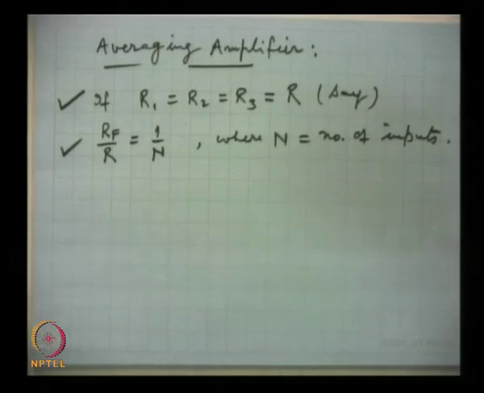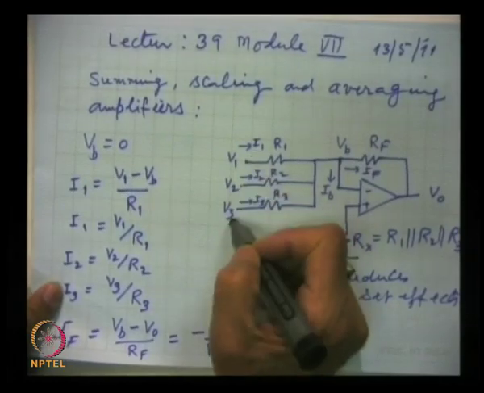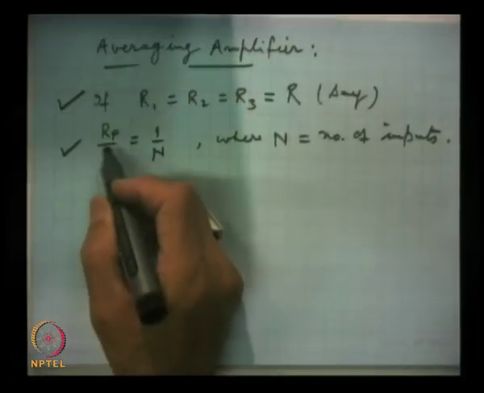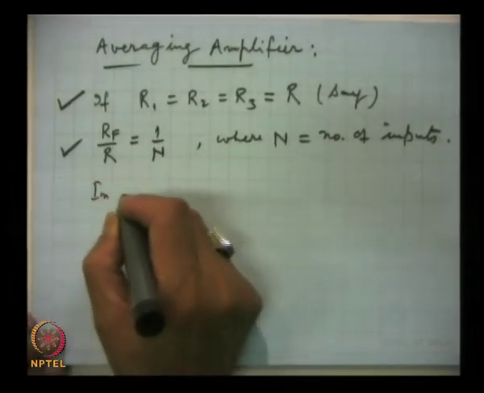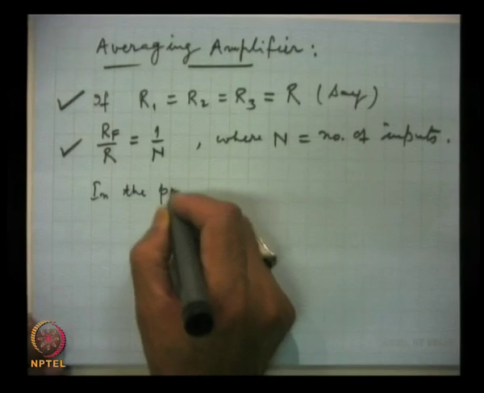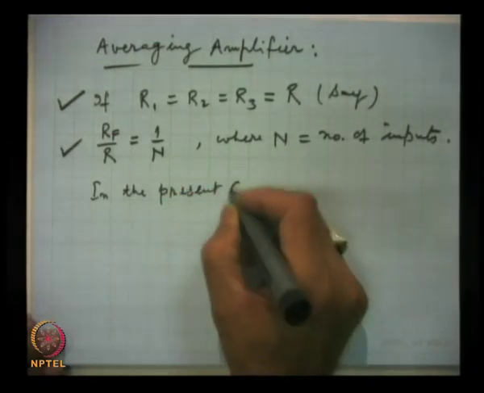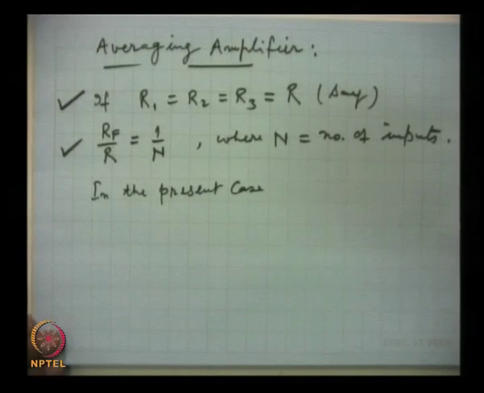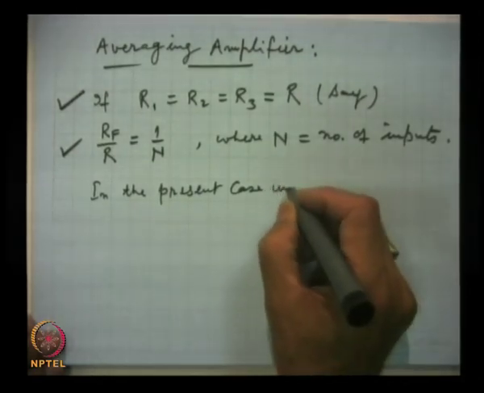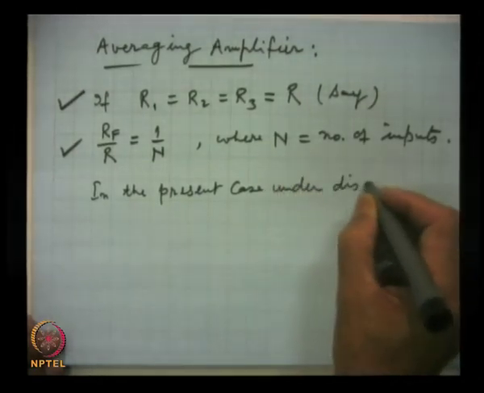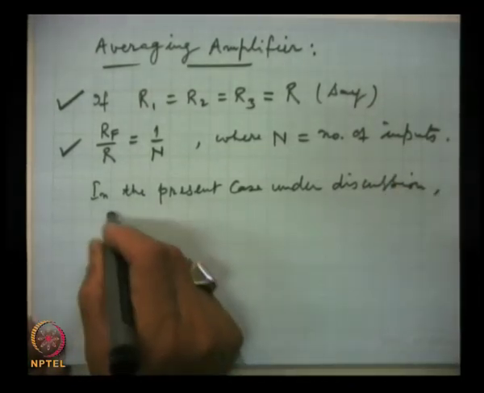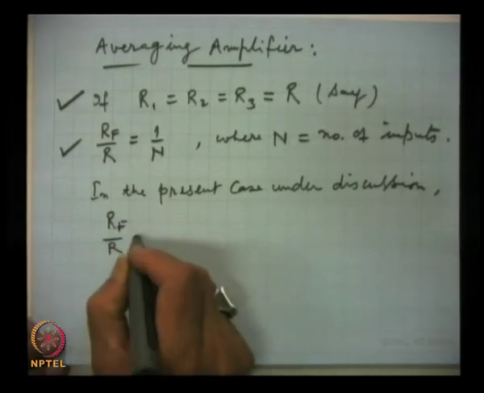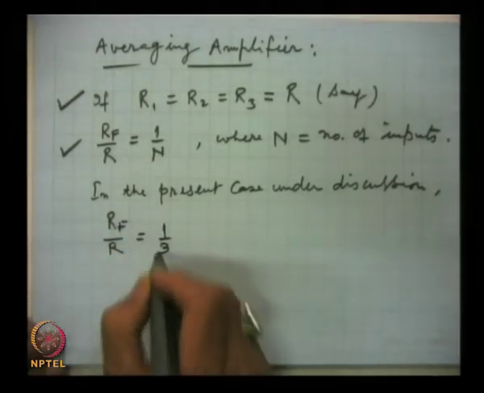In the present case, which is under discussion, there are 3 inputs. So we should have Rf by R equal to 1 by 3.